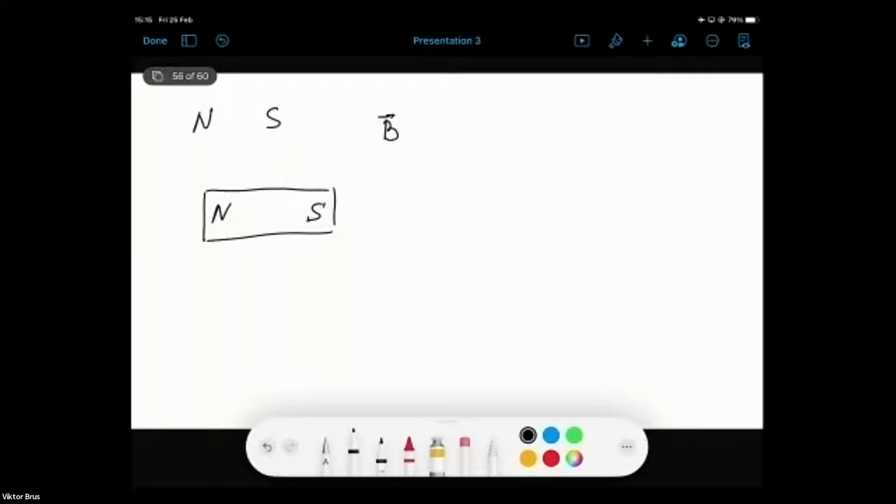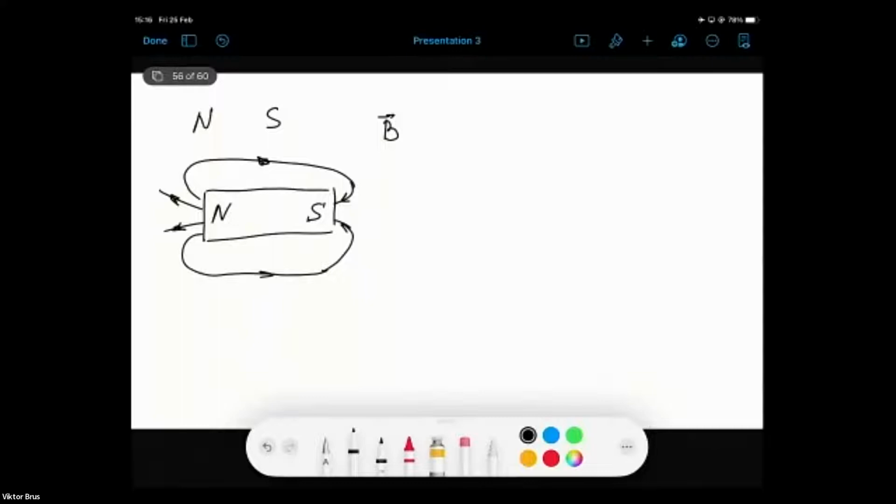That is not applicable for magnetic field lines, because we assume that magnetic field lines come out from the north pole of the magnet, and they go into the south pole of this magnet.